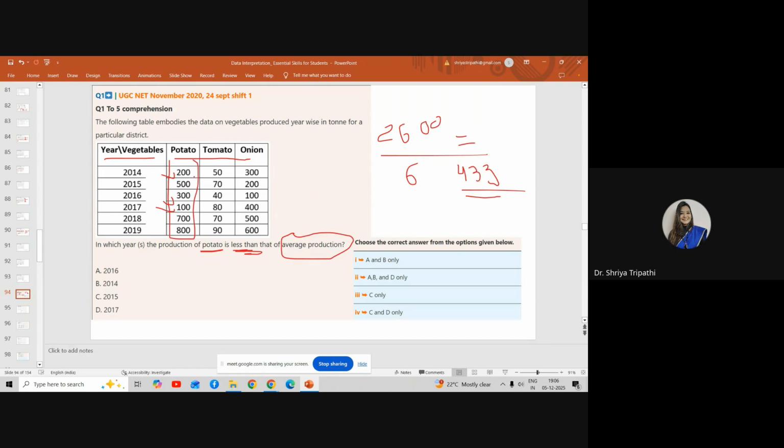So 200 is less, 300 is less than 433, and 100 is less. So 14, 16, 17. A, B, D. So my answer is the second option, A, B, D only. Got my point? Understood, everyone? Got it, ma'am. Okay, chalo, we'll move ahead.